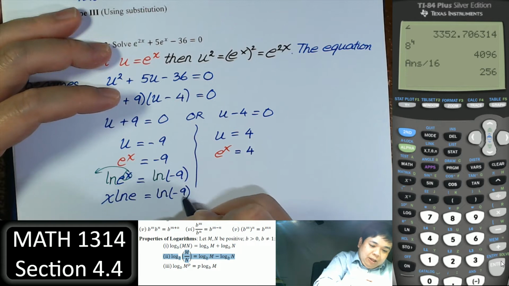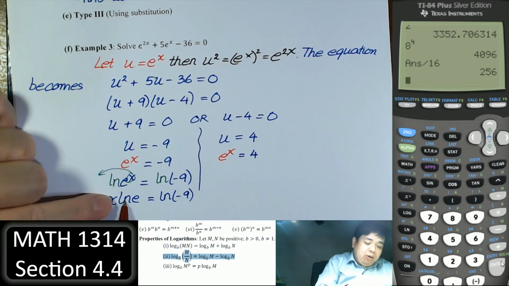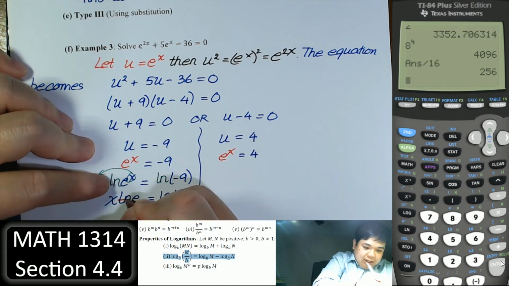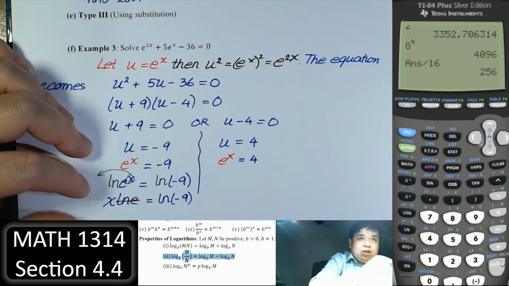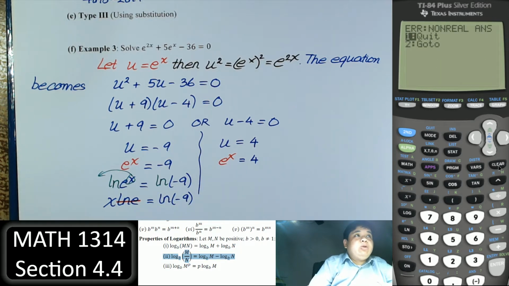This one is undefined, by the way. And ln of e, that's a property that just cancels out. So I have x equal to ln of negative 9. It is undefined. As you see, it's not a real answer.